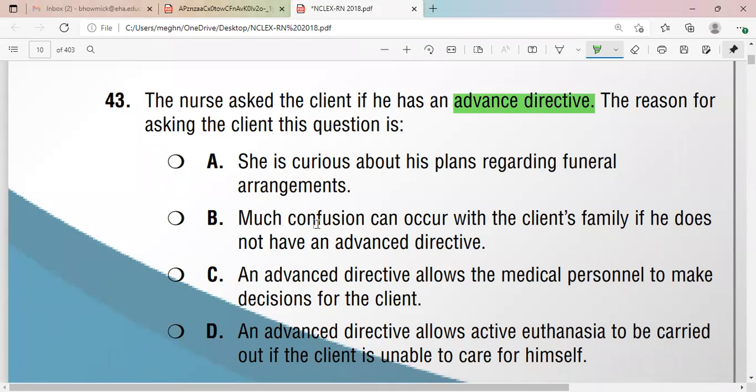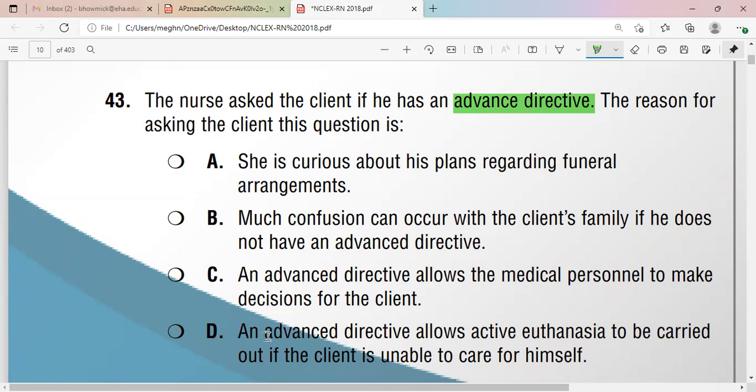Number B, much confusion can occur with the client's family if he does not have an advanced directive. Number C, an advanced directive allows the medical personnel to make a decision for the client.